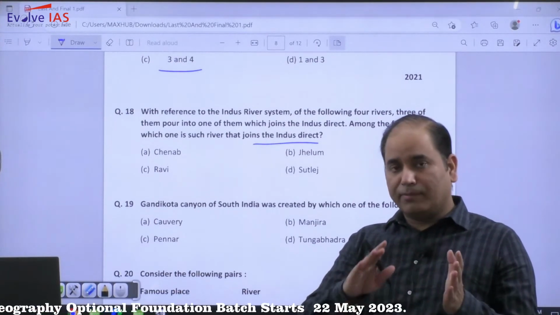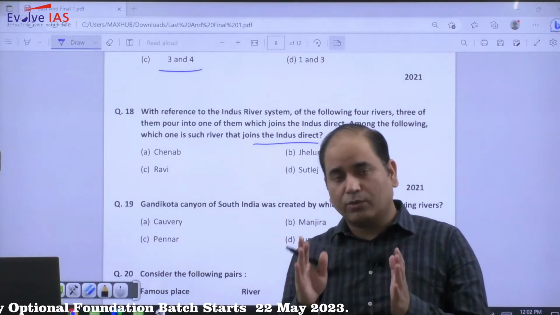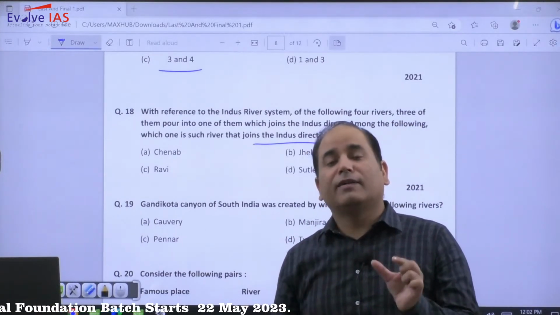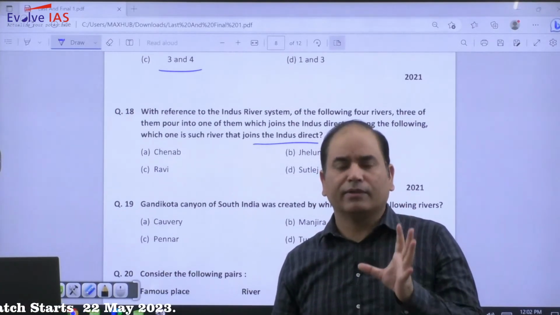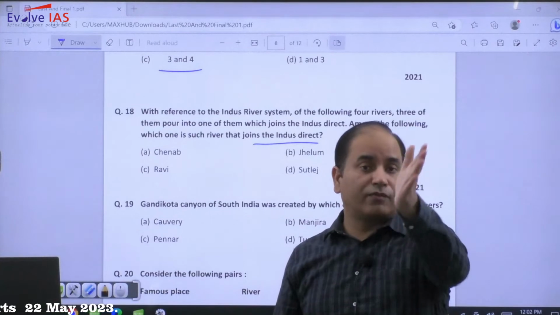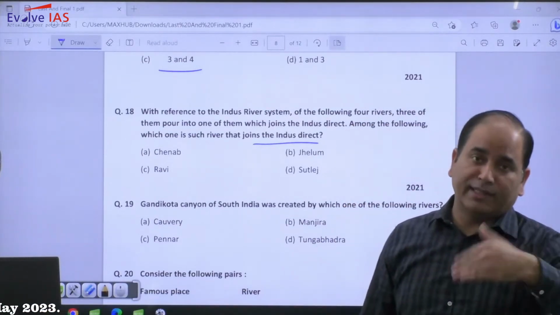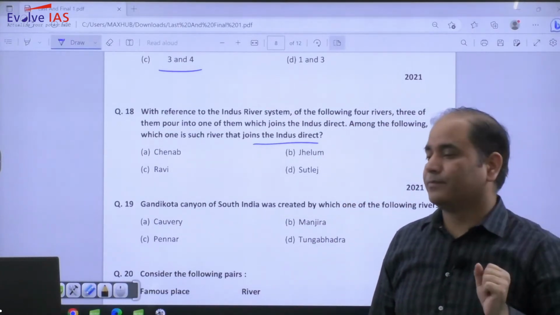So Beas is comparatively the smallest river out of all the 5 Panjab rivers, and Beas is only flowing in India, completely lying in India only. Beas river will flow into the Satluj, and then Satluj is entering Pakistan.